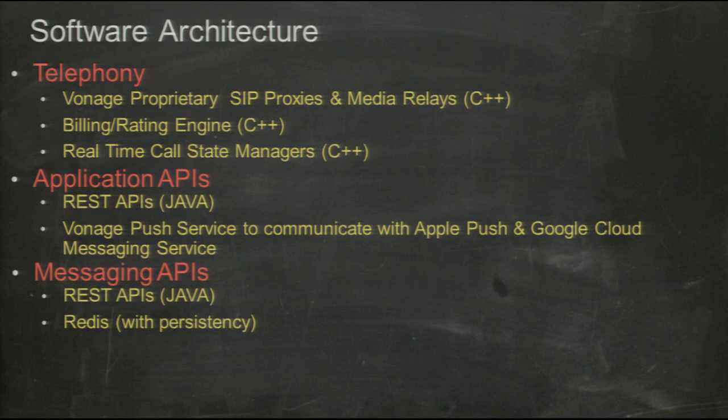Many companies are using Redis for cache only. We are doing the saves after every transaction, so we do have persistency with Redis, and I'm going to talk a little bit more about Redis and what we are doing with that. We actually didn't deploy Redis in AWS, but there are some things that we are doing that are related to messaging APIs.